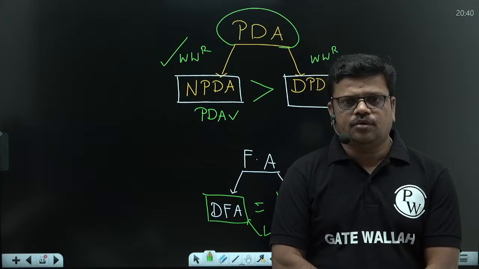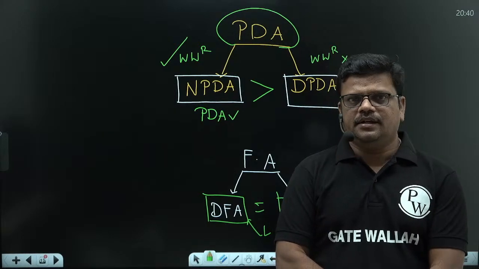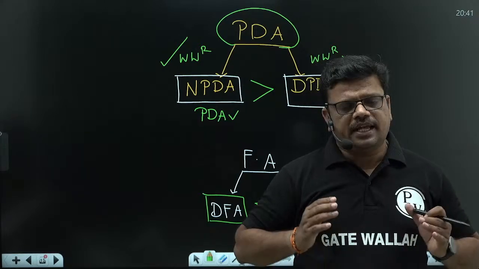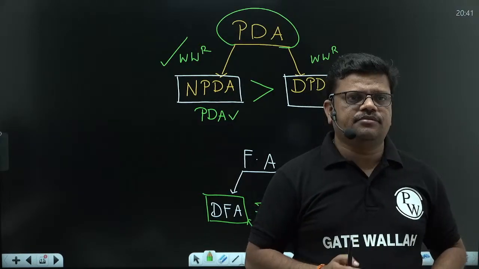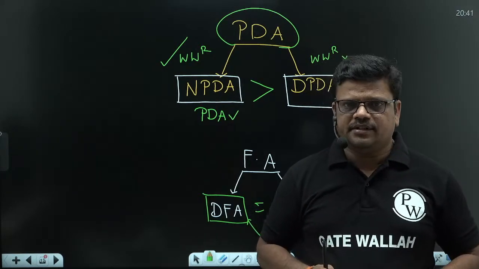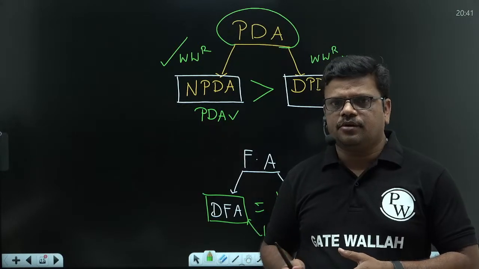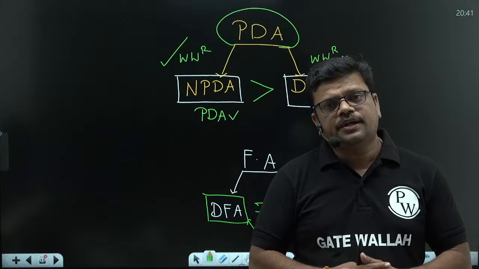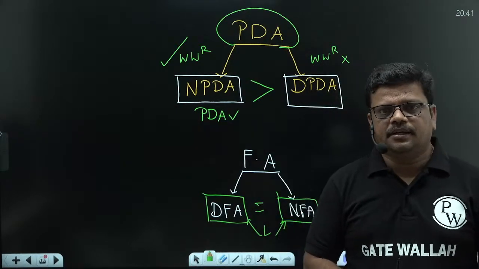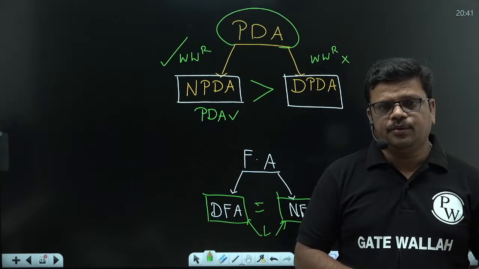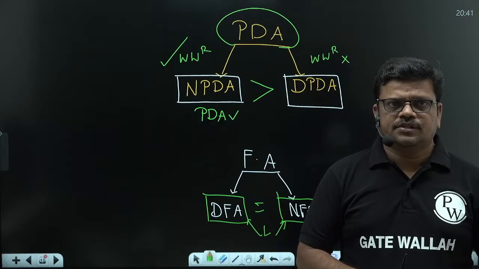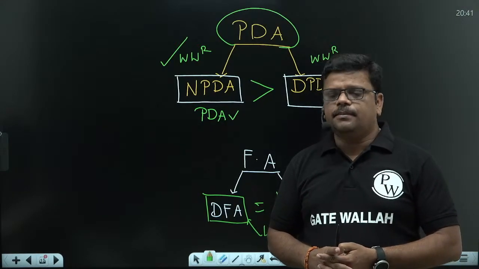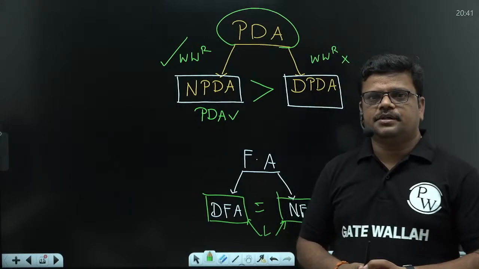But this difference is not there in finite automata, where the languages accepted by DFA and NFA are the same. Whereas in pushdown automata, the non-deterministic machine accepts more languages. So whenever just a PDA is mentioned, our default machine is the non-deterministic machine.